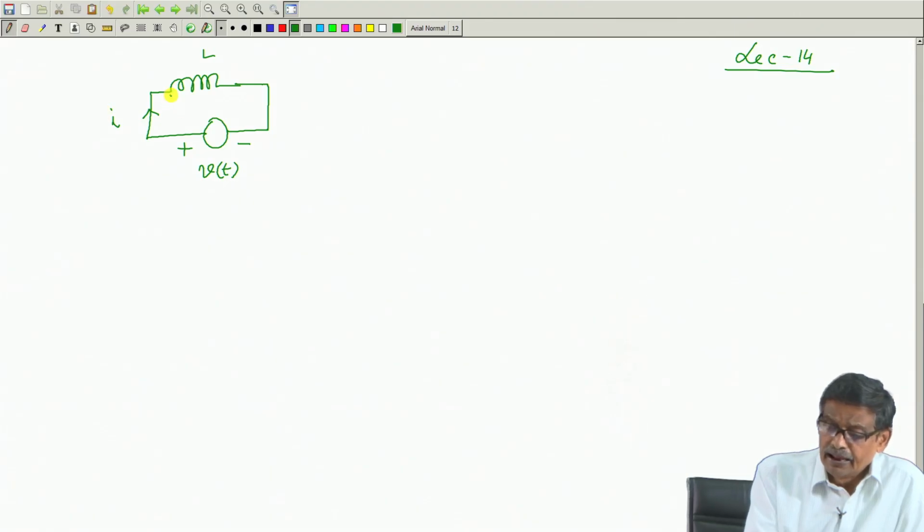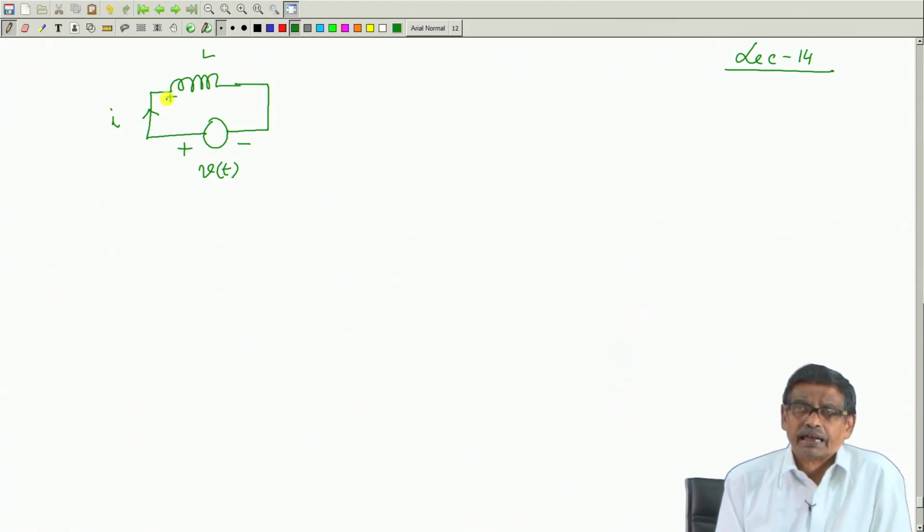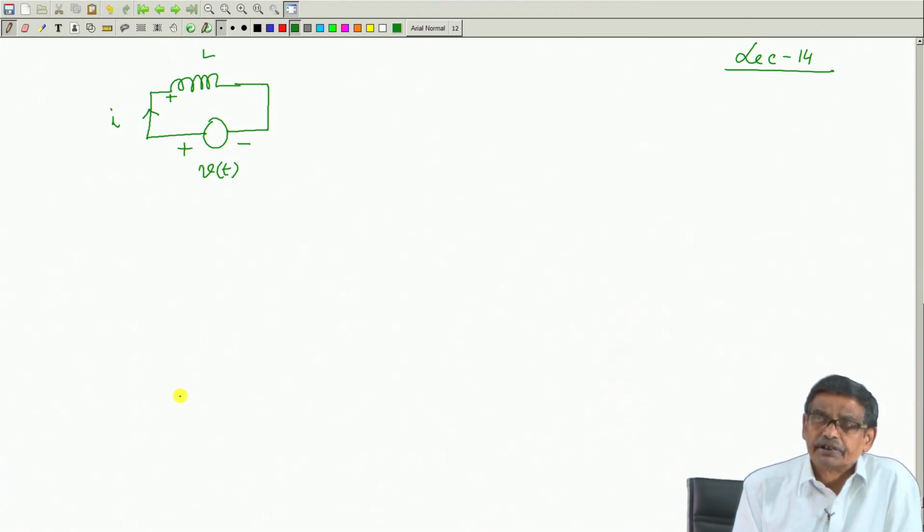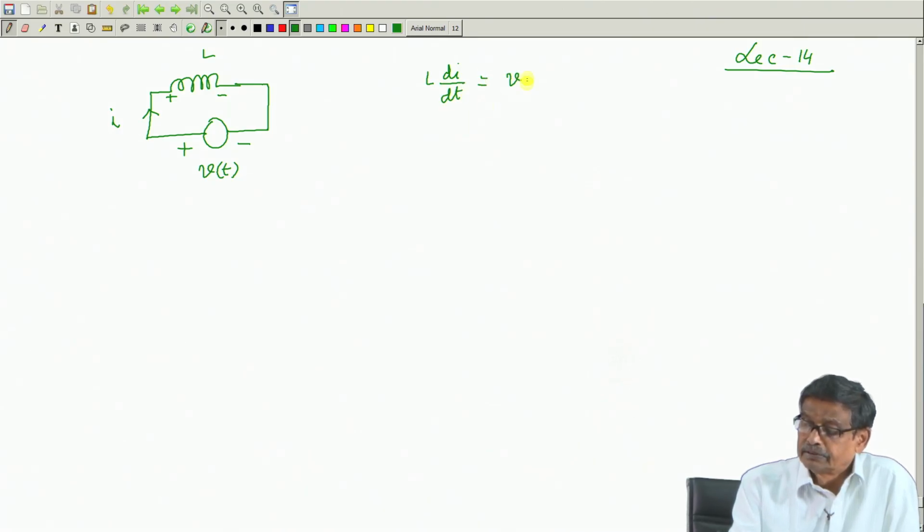I is expected to be time varying because it will be a differential equation, plus minus L dI/dt.